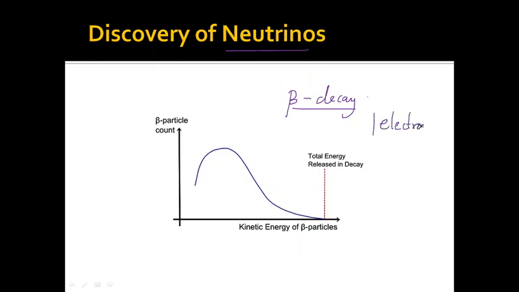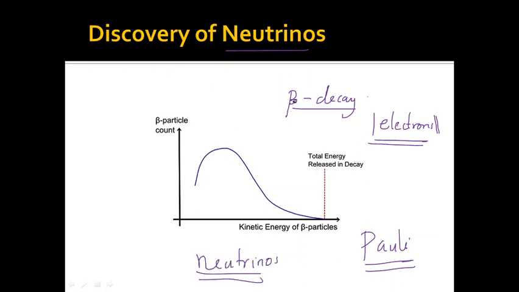When the nucleus emits electrons during beta decay, a process of nuclear reaction, there are some other particles that are actually involved in this process. The scientist Pauli proposed that a new kind of particle called neutrinos exists, and these particles are involved in these kinds of beta decay reactions. So this is another important milestone regarding the discovery of another set of fundamental particles.